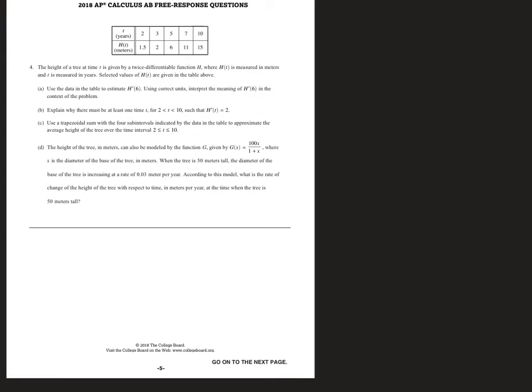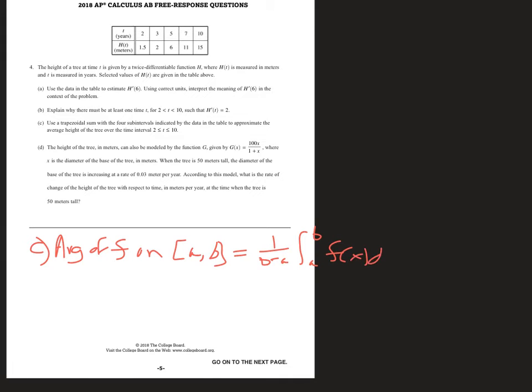To approximate the average height of the tree over the time interval from 2 to 10, we need to use the average value function, where the average of f on the interval from a to b is equal to 1 over b minus a times the definite integral from a to b of f of x dx.